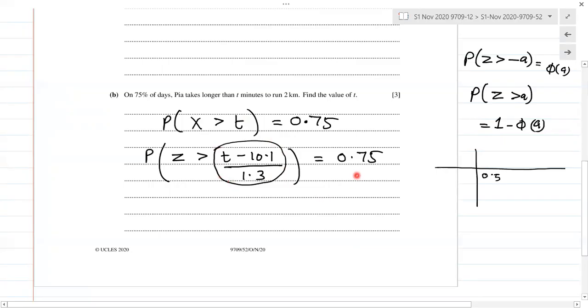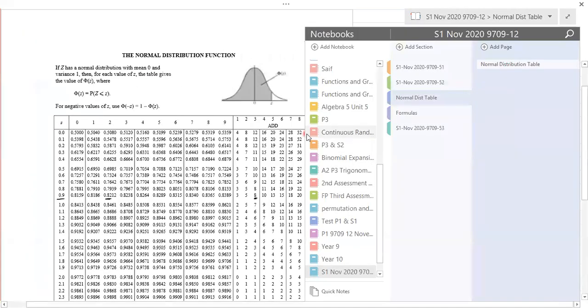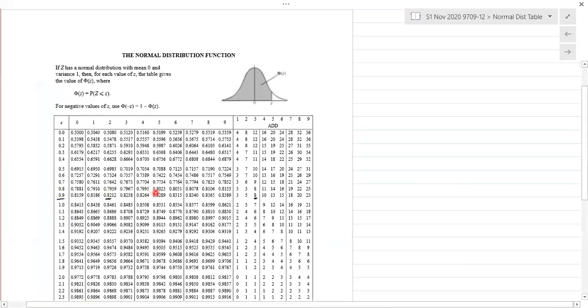So if I look up the table for the 0.75 value, basically I have to do phi inverse of 0.75. This is the value I need from the table, and remember this is phi inverse. So where do I get 0.75?